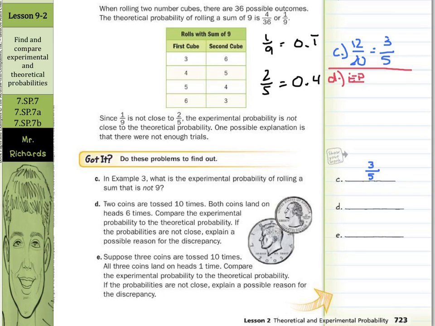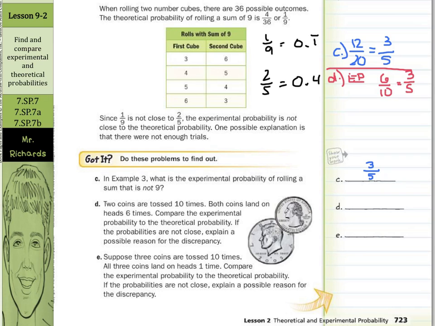Both coins land on heads 6 times. So that would mean that 6 out of 10 times the coins landed on heads. And to simplify that, this would be equal to 3/5.